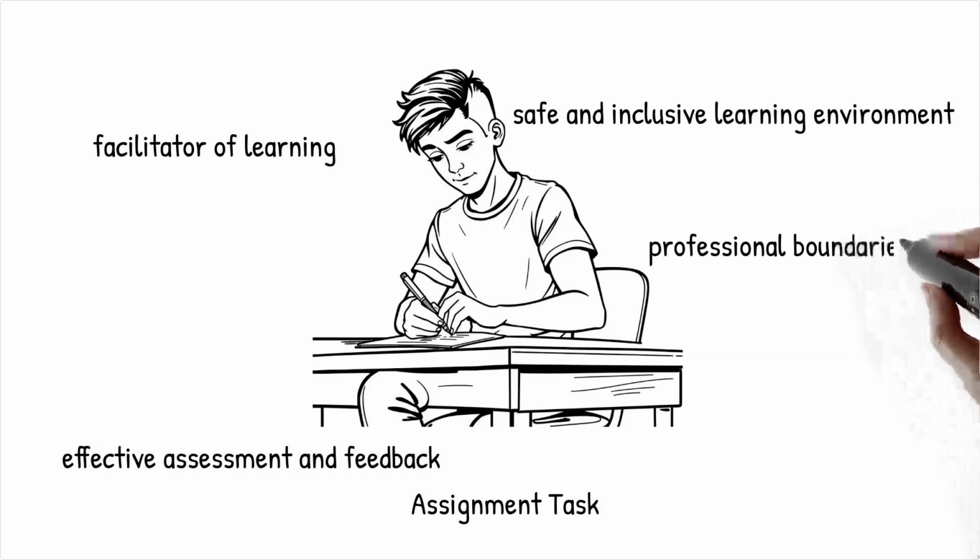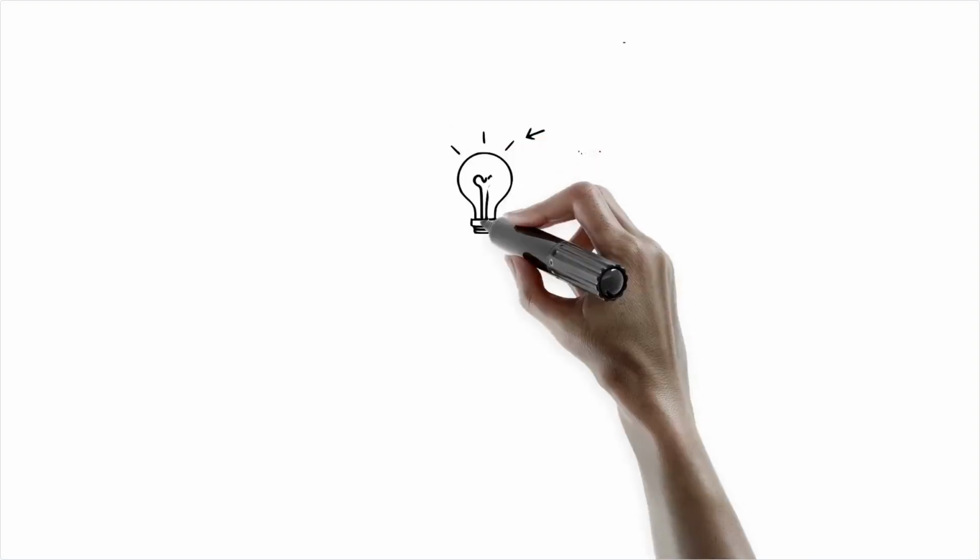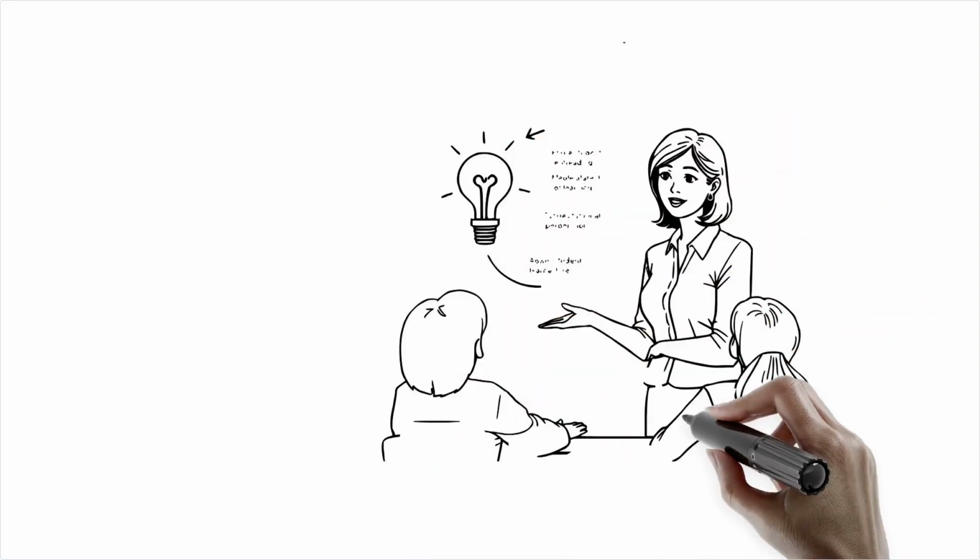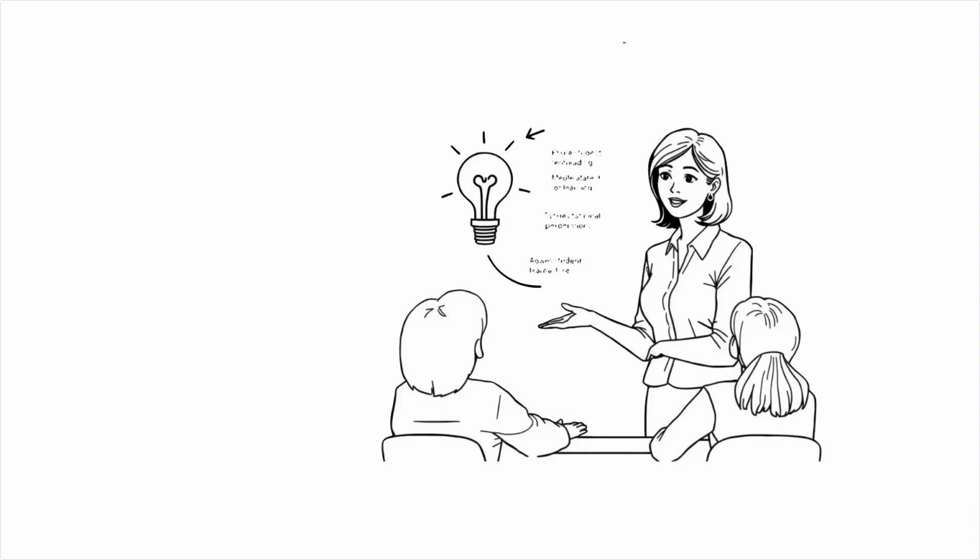Some areas to consider: the role of the teacher as a facilitator of learning, ensuring a safe and inclusive learning environment, providing effective assessment and feedback, maintaining professional boundaries and ethical standards. A good approach is to describe each stage of the teaching and learning cycle and provide examples to show how these responsibilities are applied in real-life teaching. Aim for 200 to 400 words for this section.